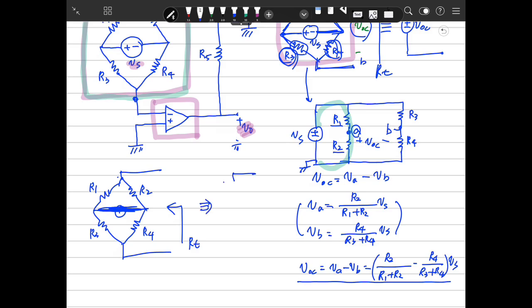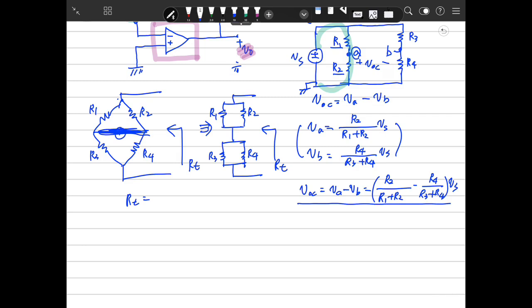Then it looks like R1, R2, and short, and R3, R4 and short. This is RT.